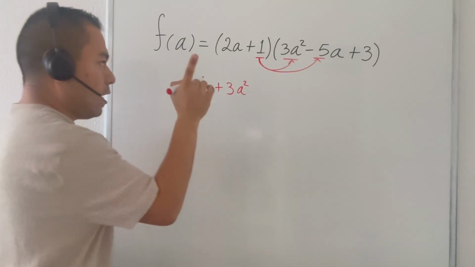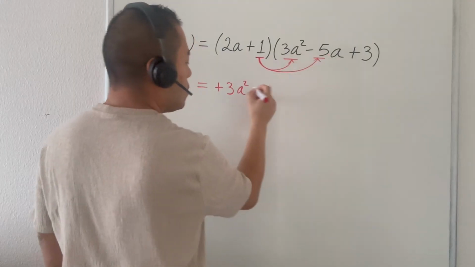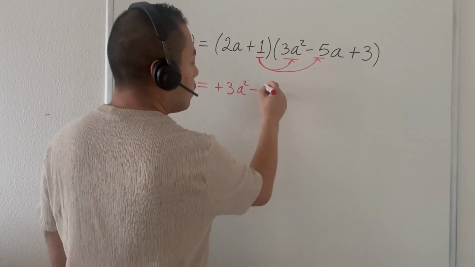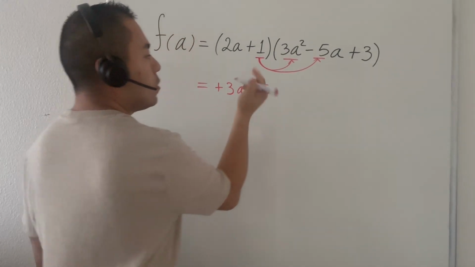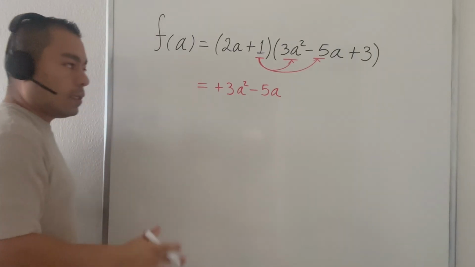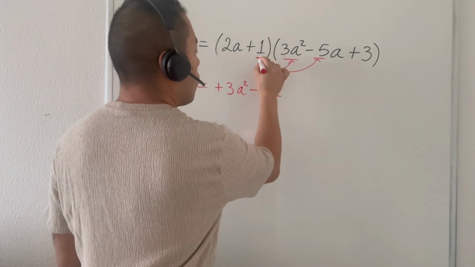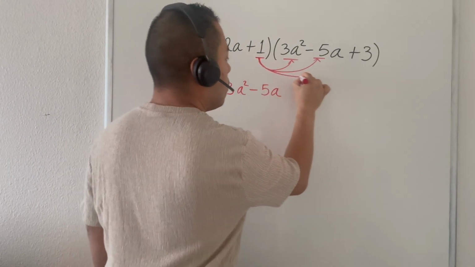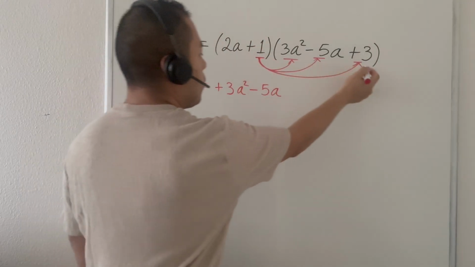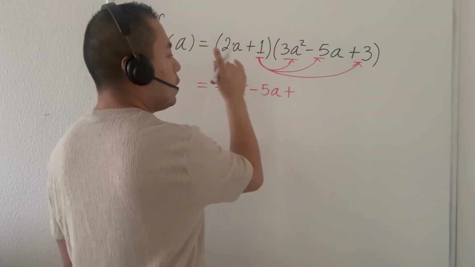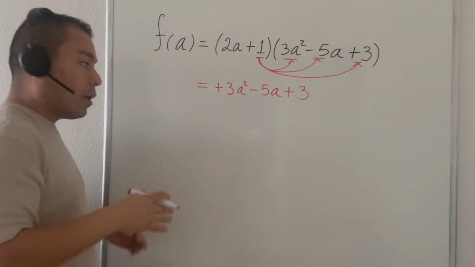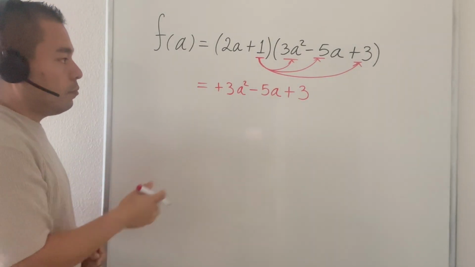First step, signs, plus by minus, minus. Coefficients, 1 by 5, 5. Variables, nothing by a. That's it. Third, 1 that multiplies 3. Signs first, plus by plus, plus. And coefficients, 1 by 3, 3. We don't have variables, so it's like this.